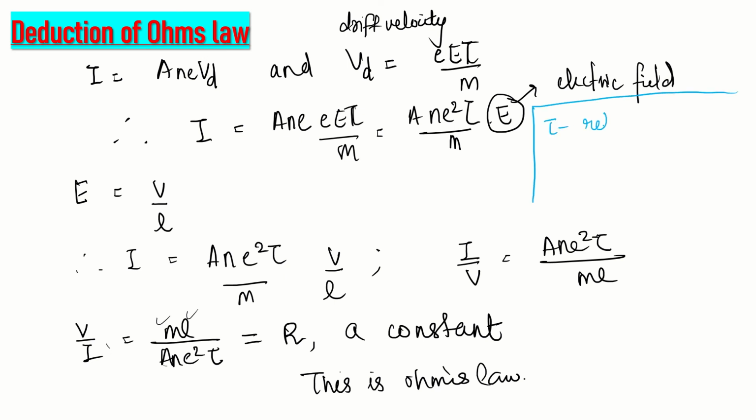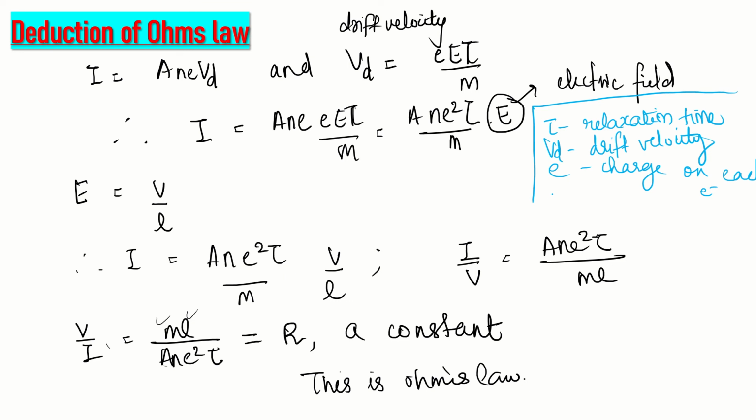This is the relaxation time. vd is the drift velocity. Then e is the charge on each electron.